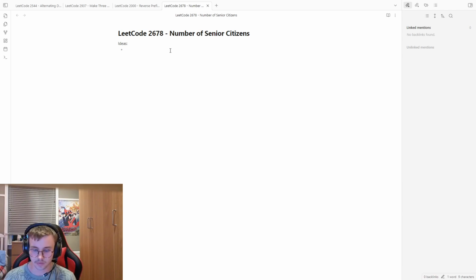So, I think this is going to be fairly simple. I think what we need to do is iterate through details. Check if the number at index 11 through to 13, so it's up to but not including, is greater than 60.